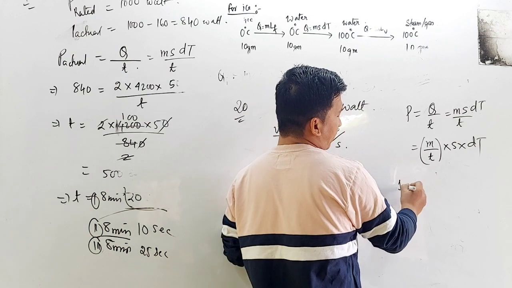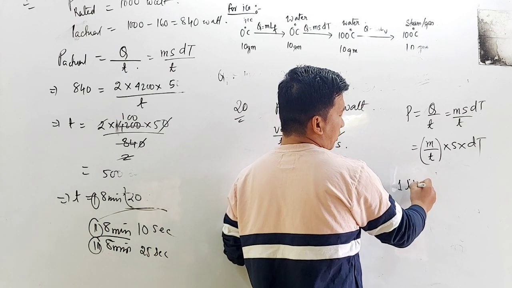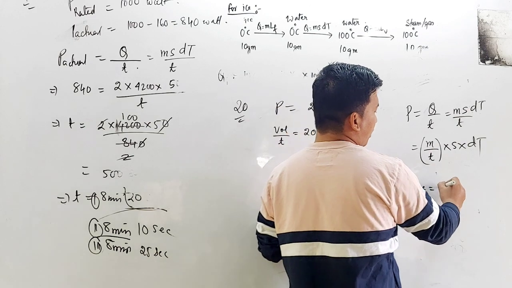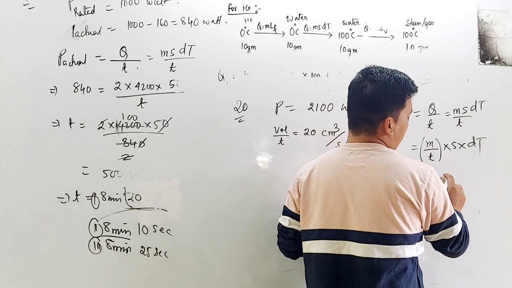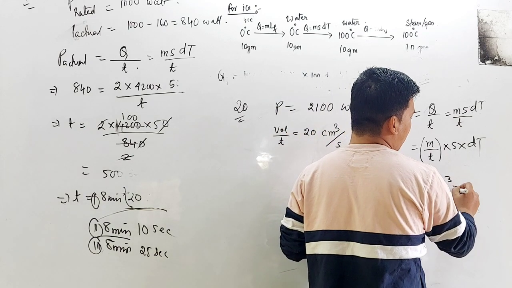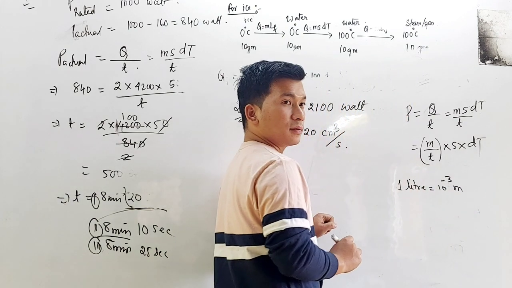1 liter is equal to 10 to power minus 3 meter cube.